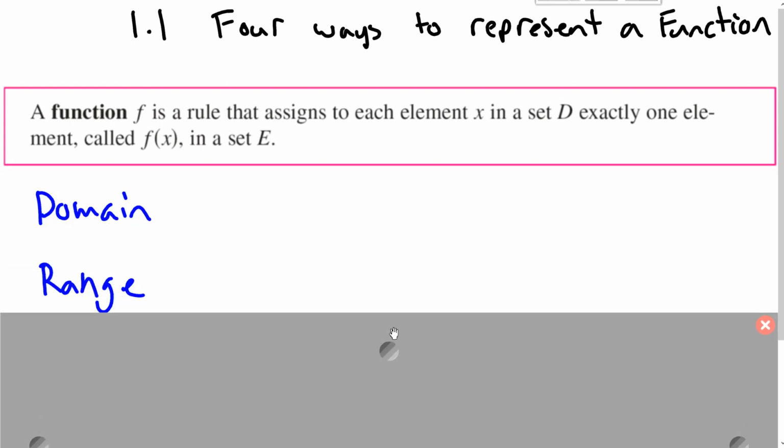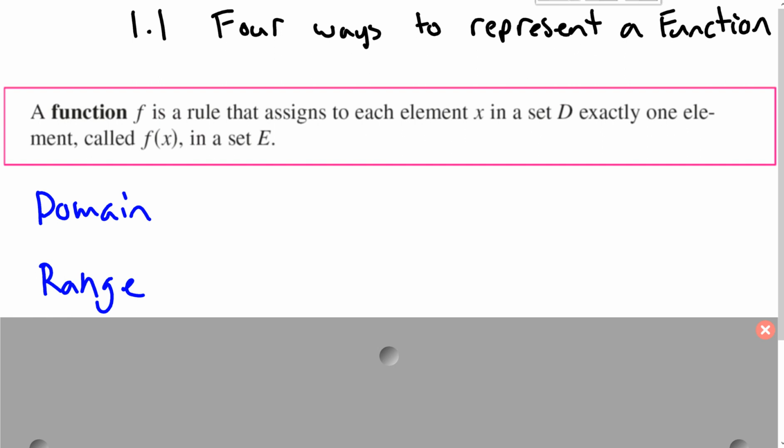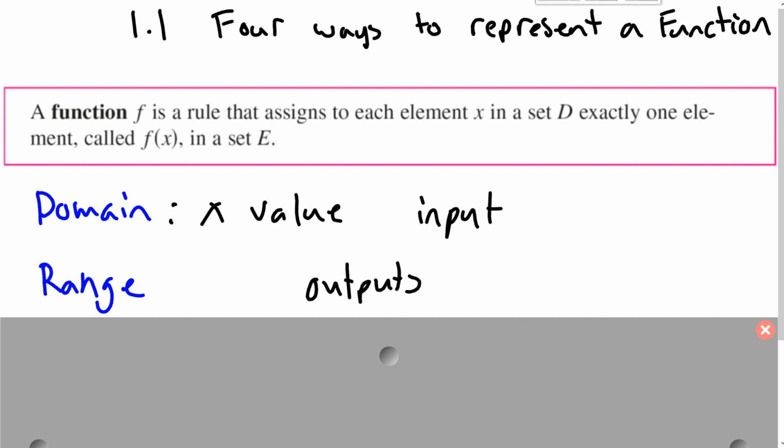So we have domain, those are our x values, right? And our range is our y values. X values are the inputs, and the outputs are what we get out, the y values.